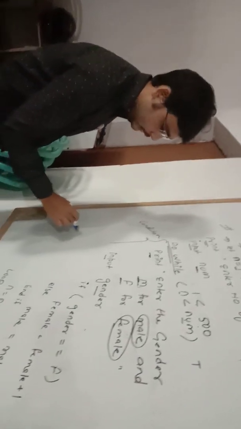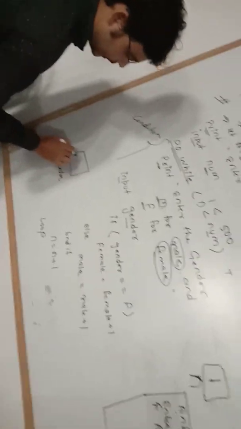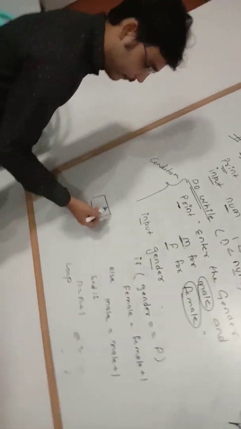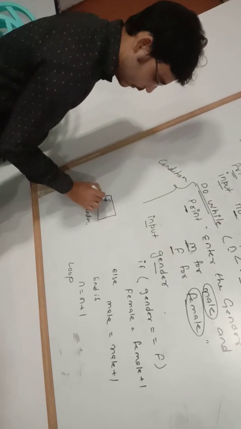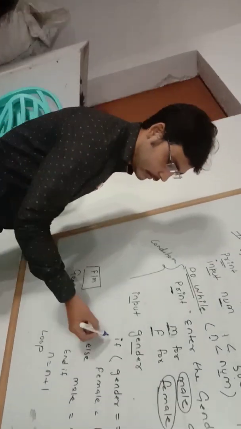Suppose here is the next variable, the gender variable, and it contains either F or M. Suppose anyone will contain. Now see, this is the condition.